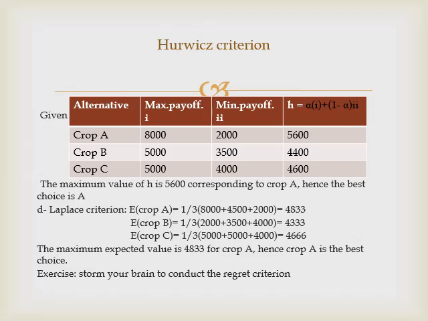What's the criterion? Given the coefficient alpha equals 0.6, this is for optimism. For pessimism it is 1 minus alpha, which is 0.4. Refer to table 1.